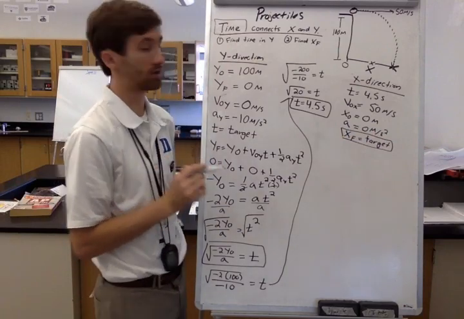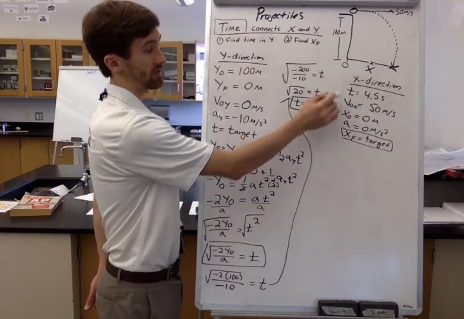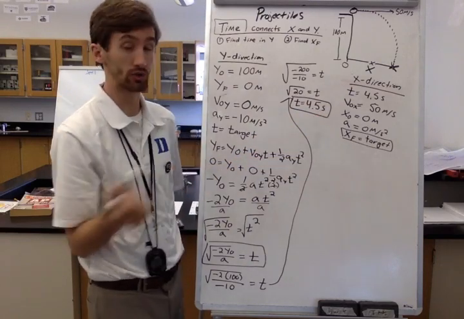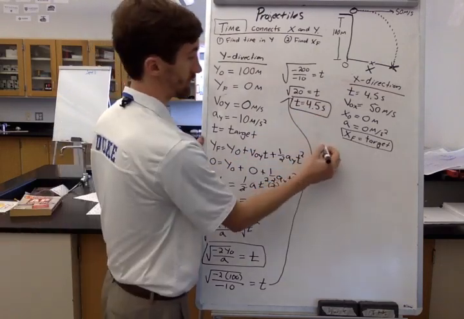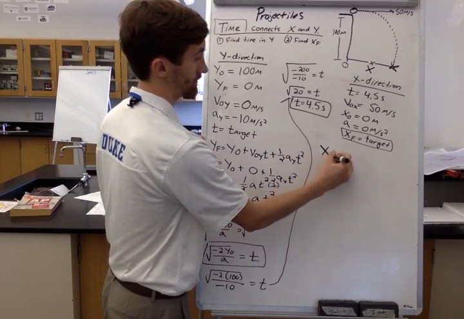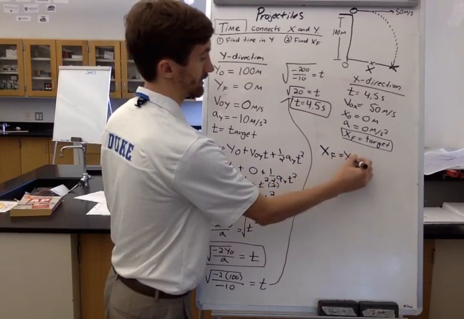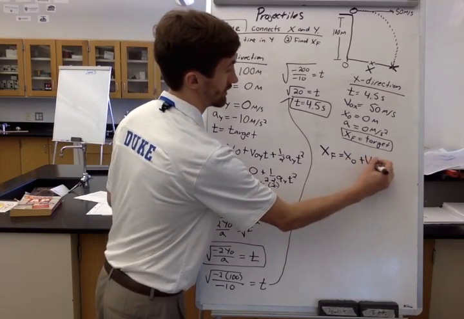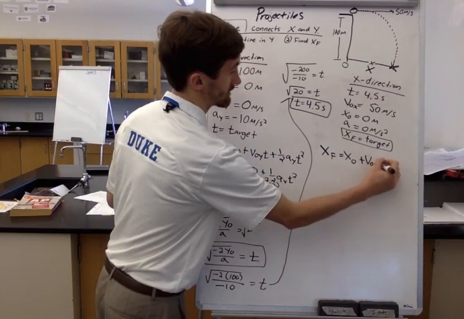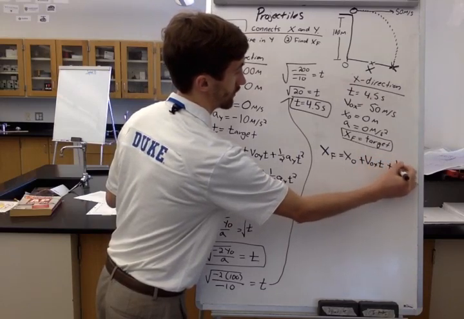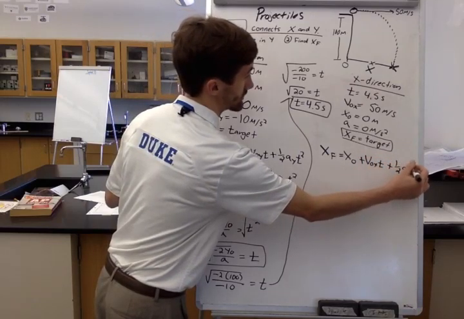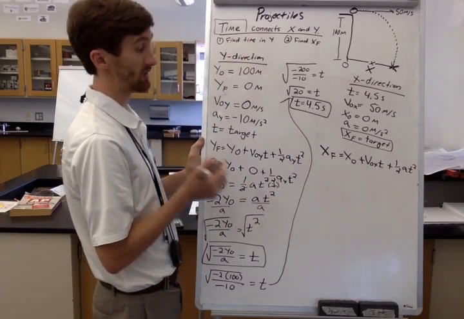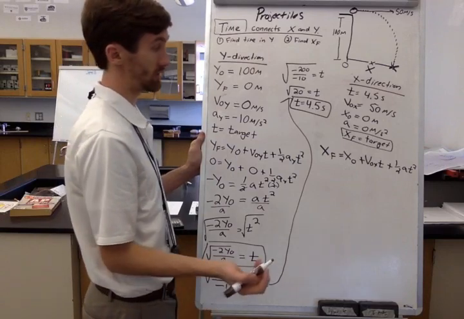So we're looking for an equation that has all of these pieces that we know and our target, and we're actually going to use the same equation. So equation number 2, the final position equals the starting position plus the initial velocity times time plus 1/2 the acceleration times time squared. And then we're going to plug in zeros for the things that we know are zeros.